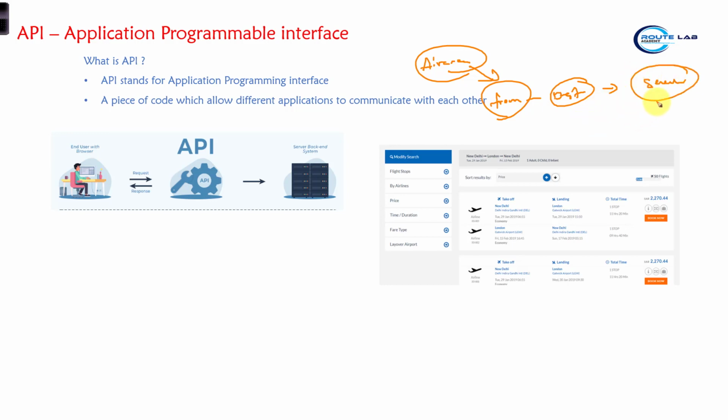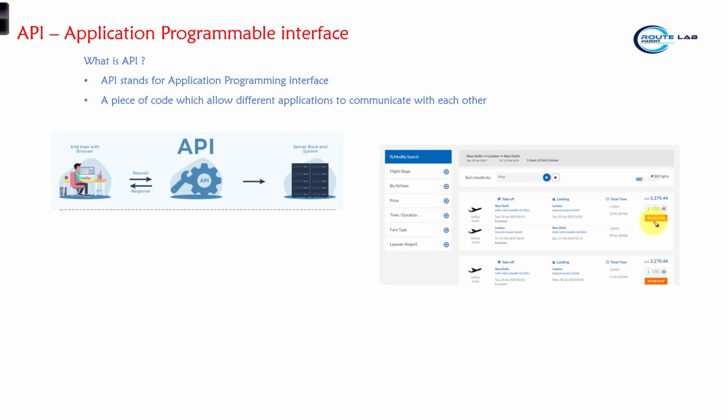Once you click on search, it is going to show you all the available flight details, the timings of your flights, and how many seats are available to book. You'll select any one of the flights and click on the book option in order to book the ticket. So likewise, these are some general examples of how APIs work.